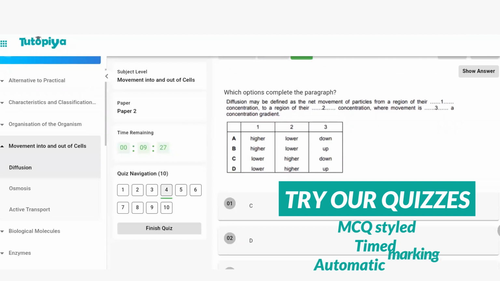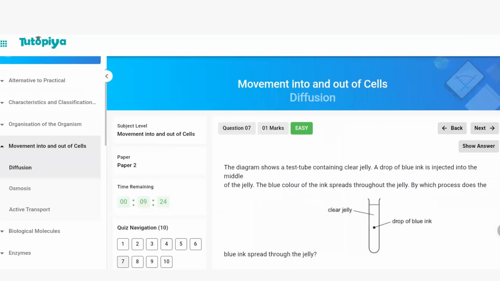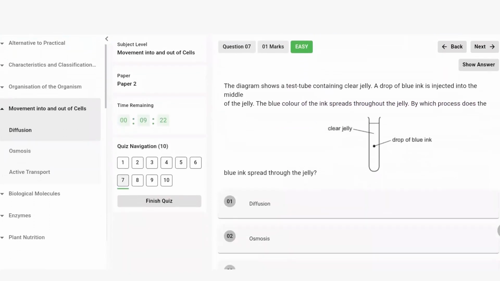And let's try out one more question before we wrap up. The diagram shows a test tube containing clear jelly. A drop of blue ink is injected into the middle. So in the middle, they have put in a drop of blue ink. The blue color spreads throughout the jelly. By which process does the blue ink spread? So this is pretty obvious as well.